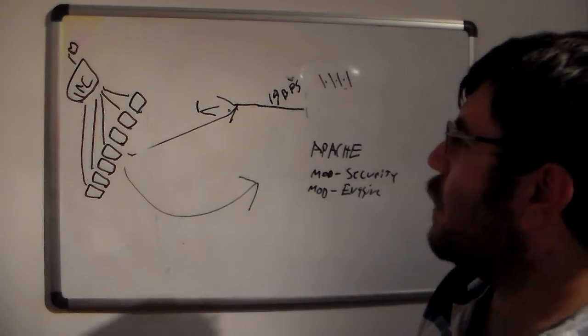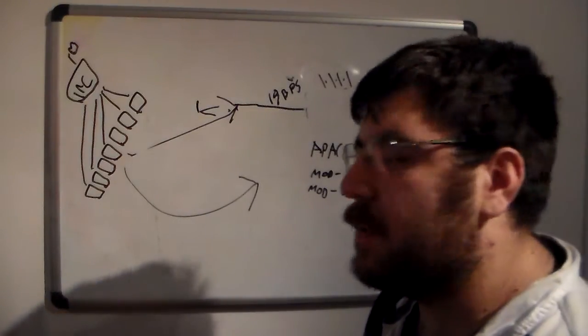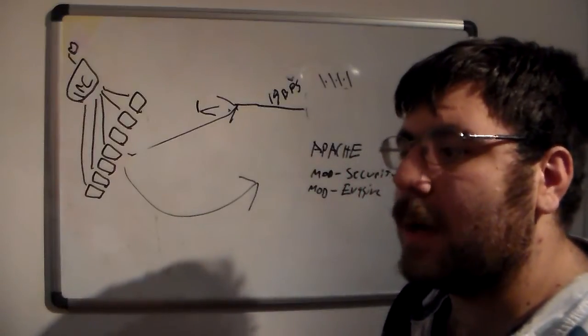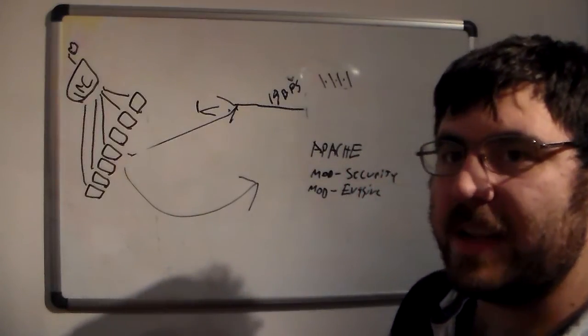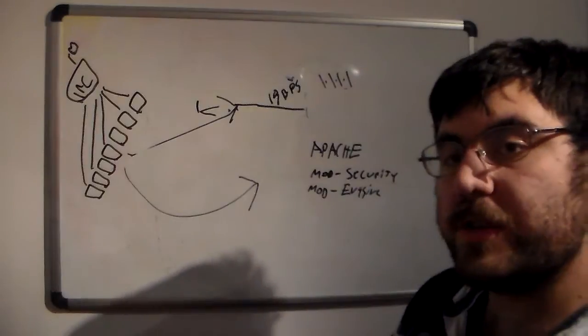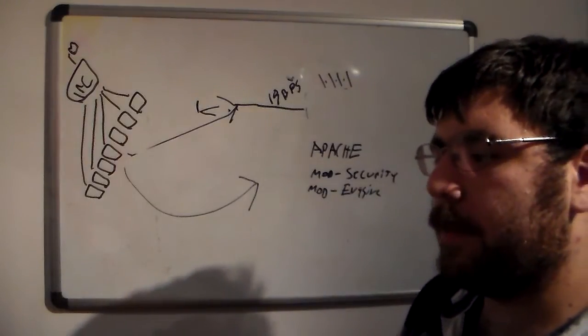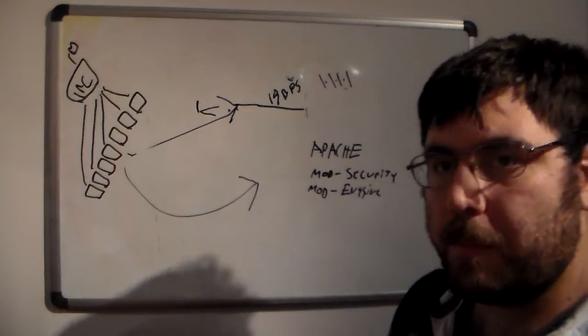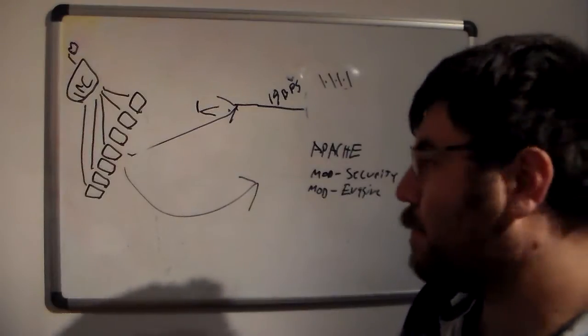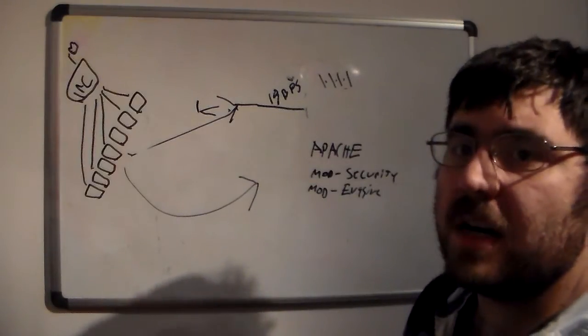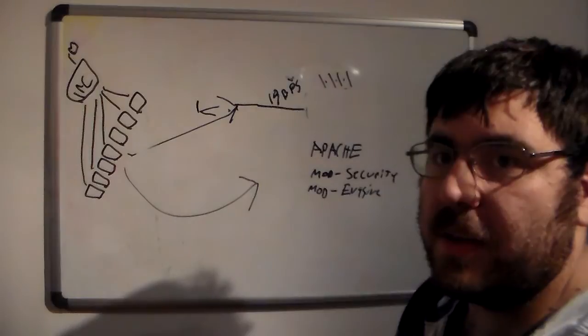So now the problem with DDoS is that there's not much way of preventing it other than putting on more servers or increasing your bandwidth. There are a couple of products out there that can help you.